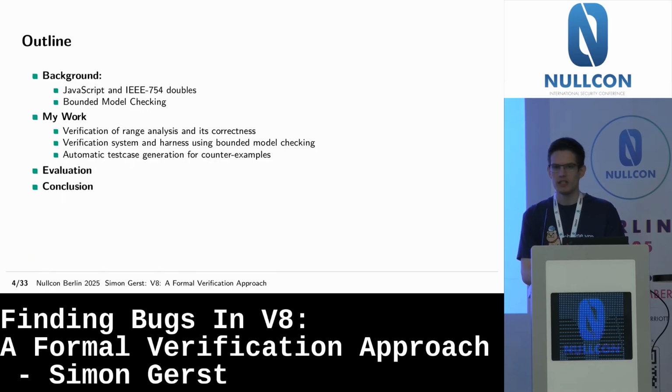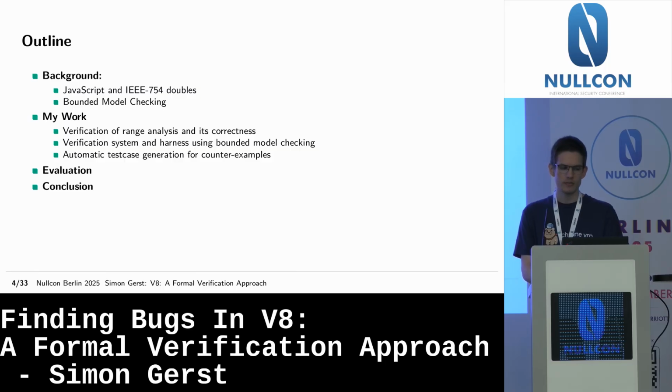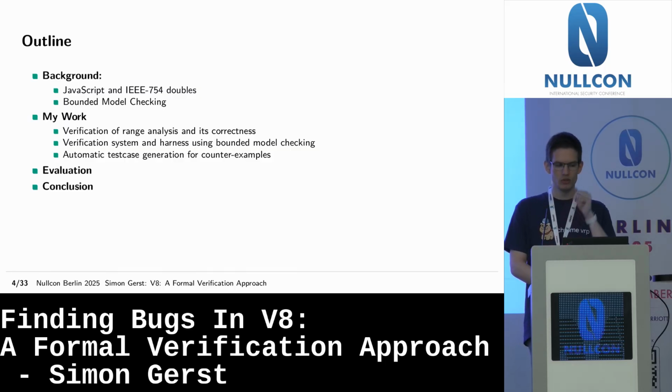As an outline, I want to give a quick background on JavaScript and doubles, and what bounded model checking is, which I use as my formal verification tool. Then my work, which focuses on the verification of range analysis and what it means for an analysis to be correct.